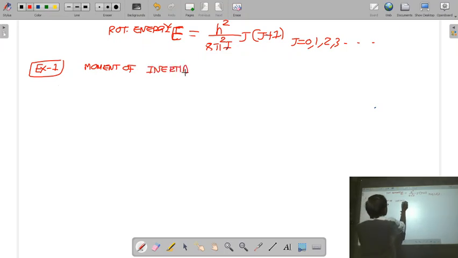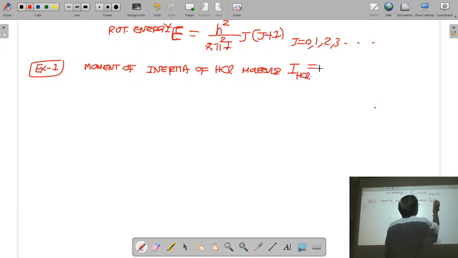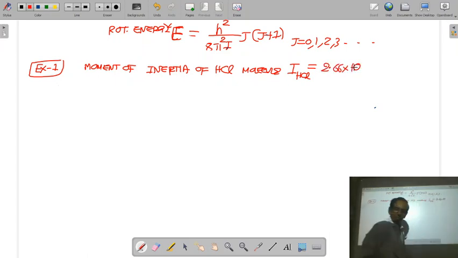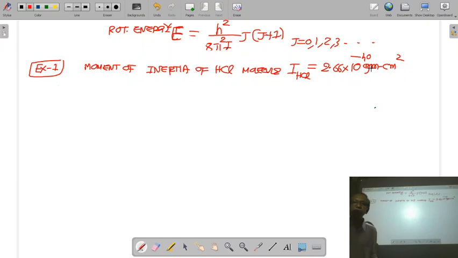Moment of inertia of HCl molecule is 2.66 into 10 raised to minus 40 gram centimeter square. So it is given that the moment of inertia of HCl molecule is 2.66 into 10 raised to minus 40 gram into centimeter square.